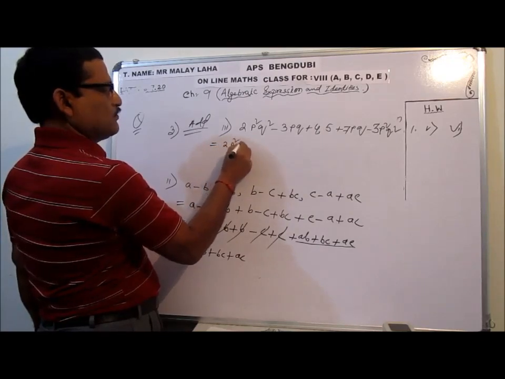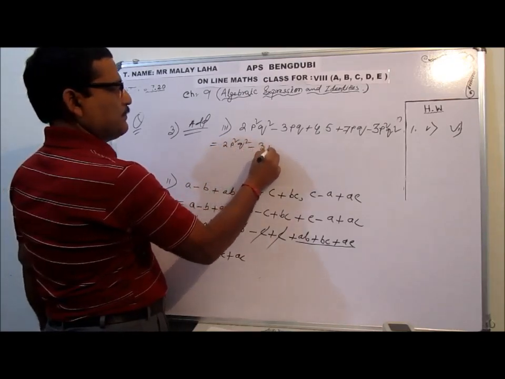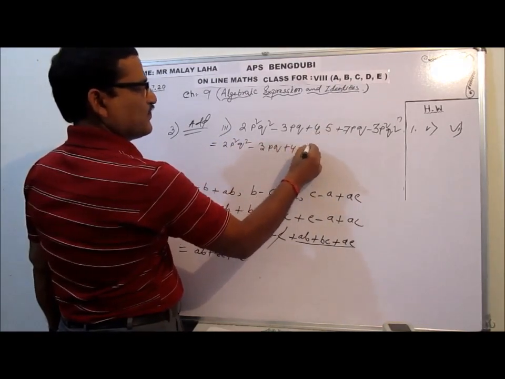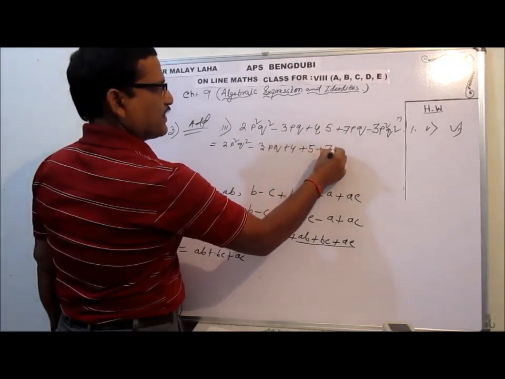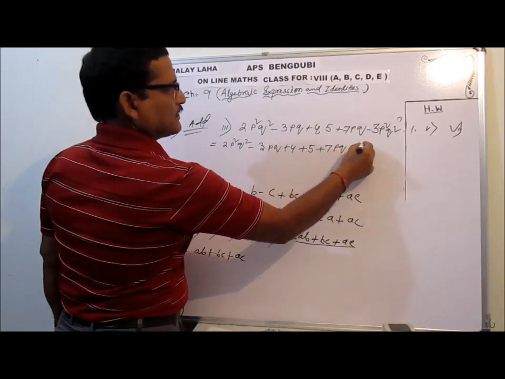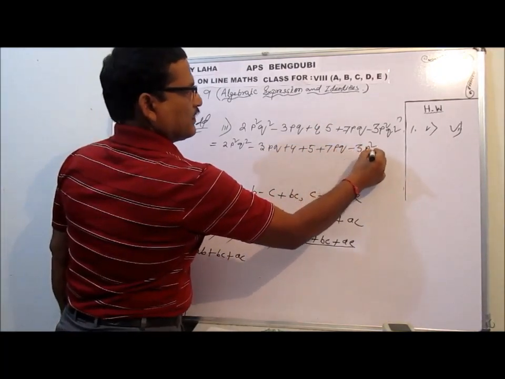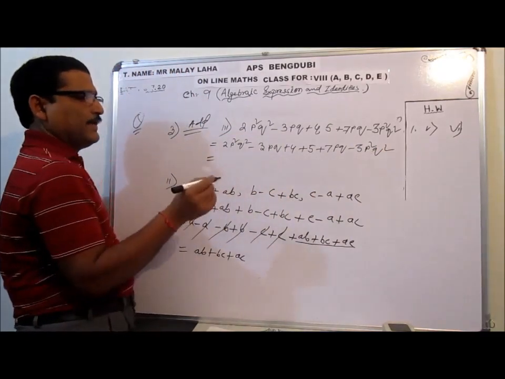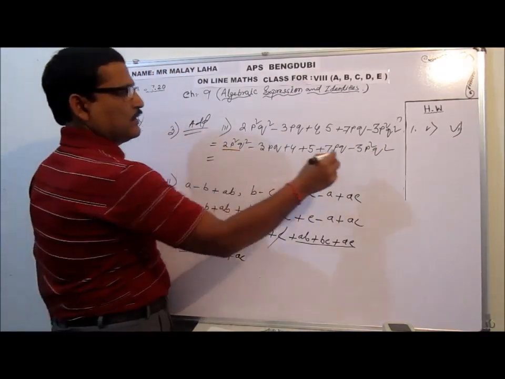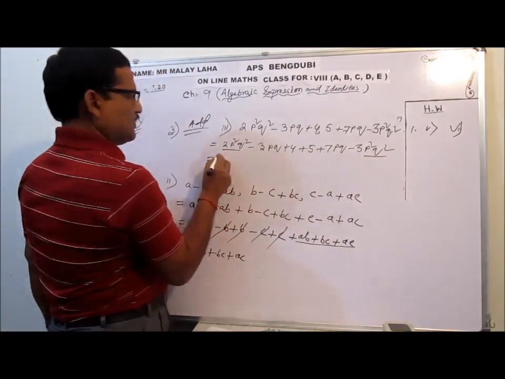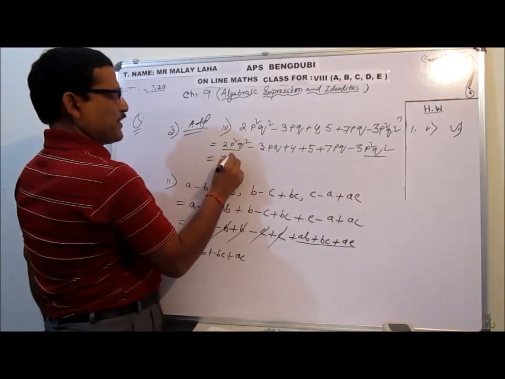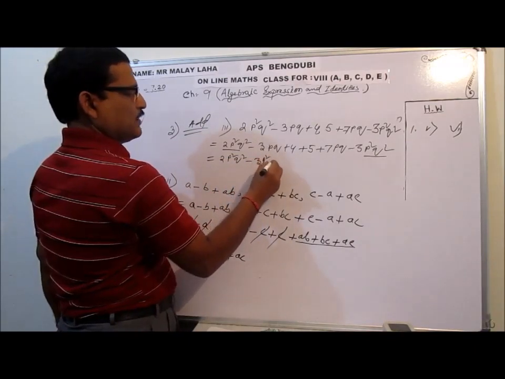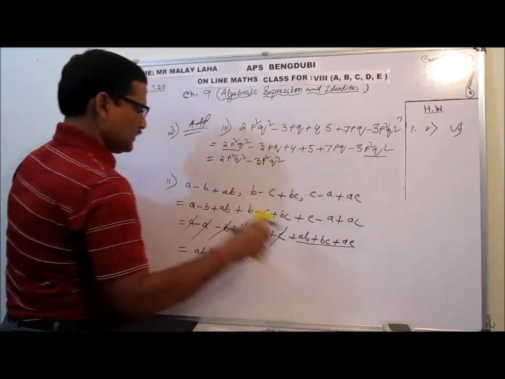2p square q square minus 3pq plus 4, then plus 5 plus 7pq minus 3p square q square. Now we arrange the like terms. So this is p square q square and this is also p square q square. Write down 2p square q square minus 3p square q square. Clear?